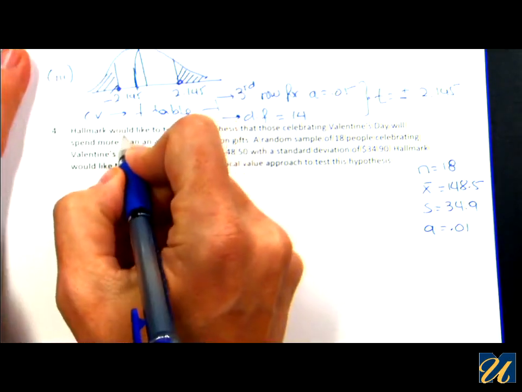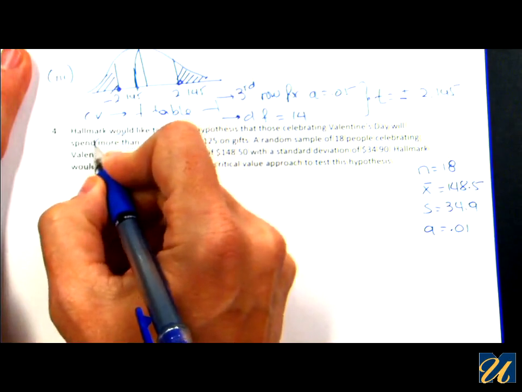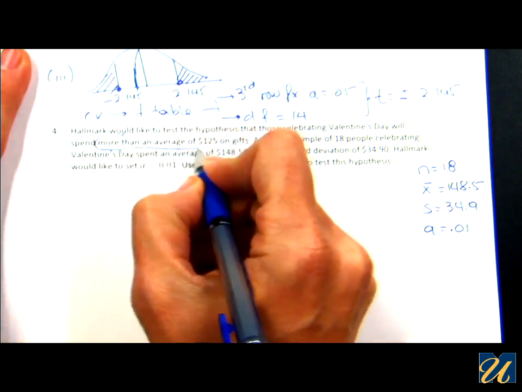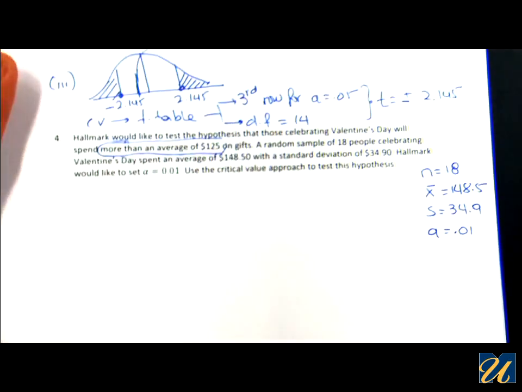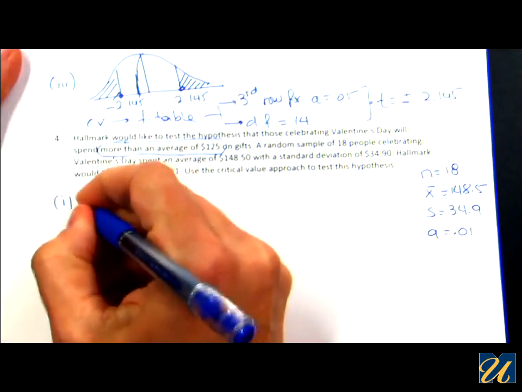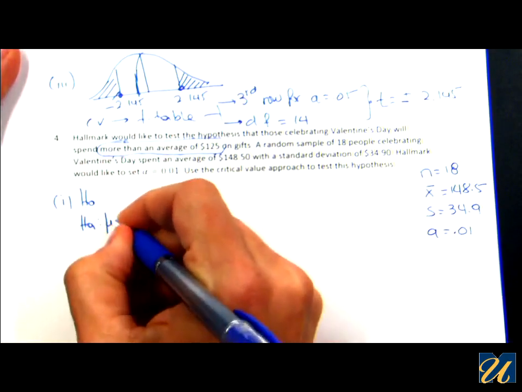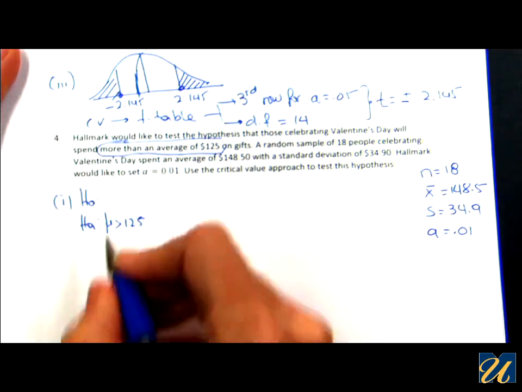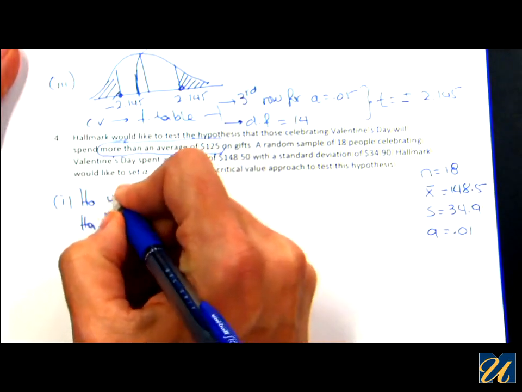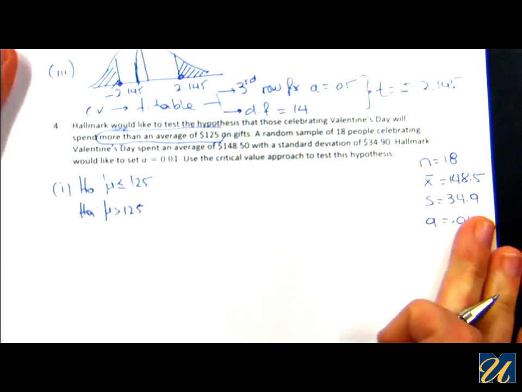We want to test the hypothesis that those celebrating Valentine's Day will spend more than an average of 125. More than means that I'm giving you the alternative hypothesis, mu greater than 125. Therefore, your null hypothesis will be mu less than or equal to 125.